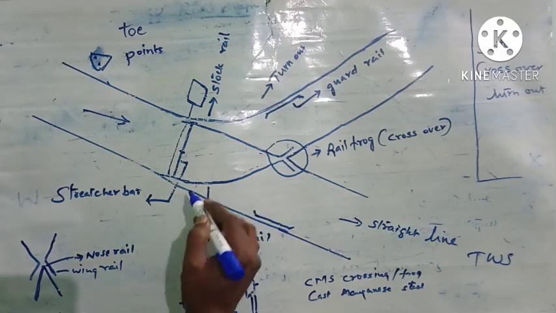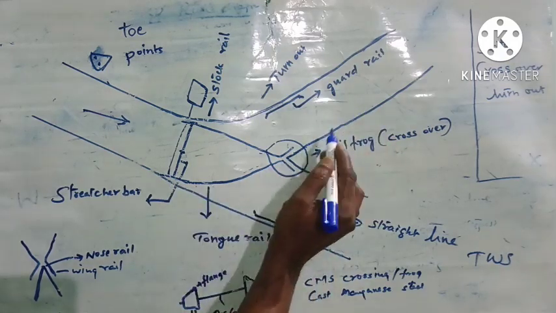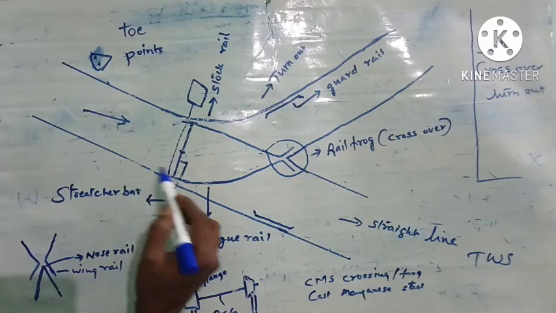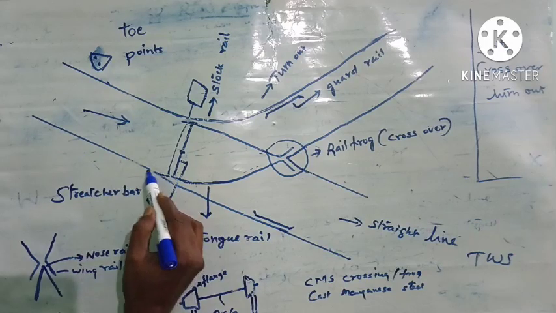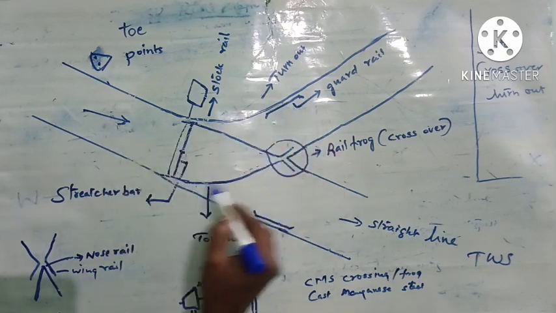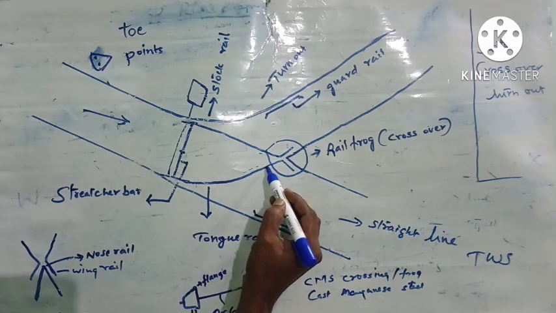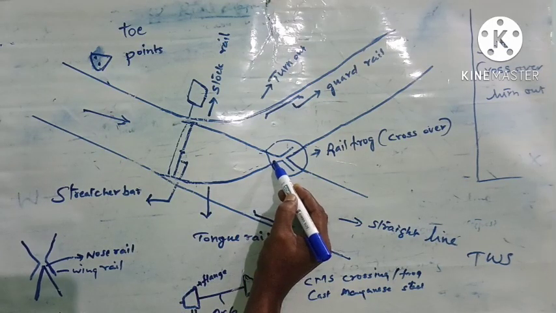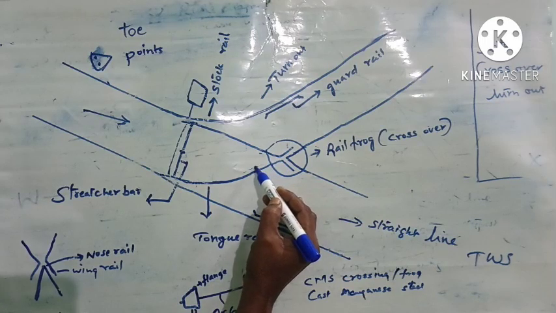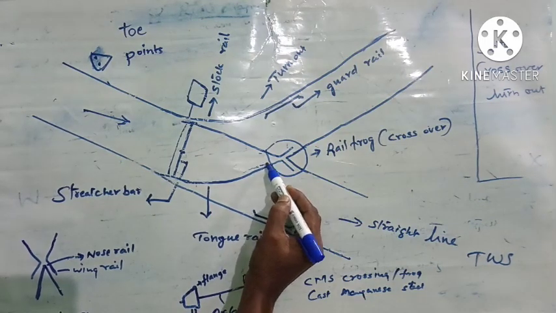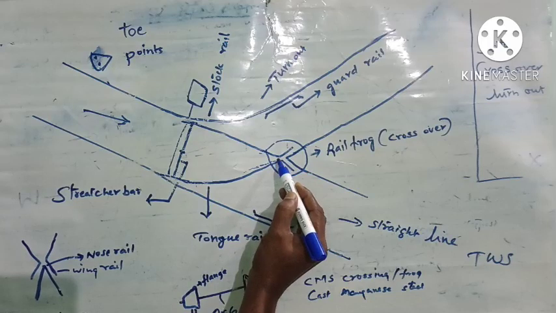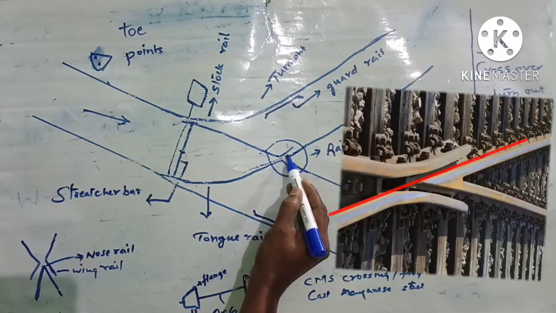Now what happens when a train is moving over this crossover? Let us see. Here the point is set for this turnout. Now when the train is moving towards this direction, what will happen to the wheel? The wheel flange is moving inside, and it will go like this.